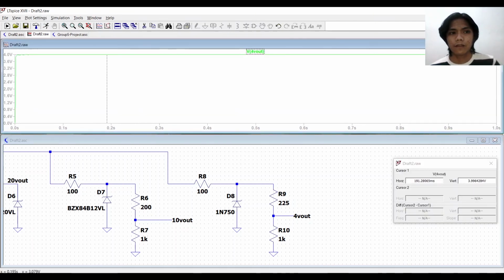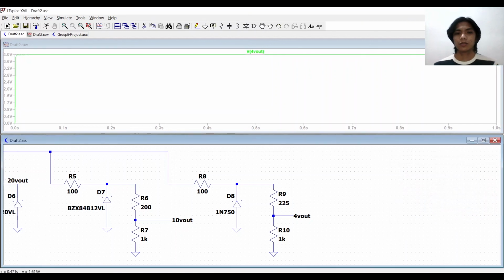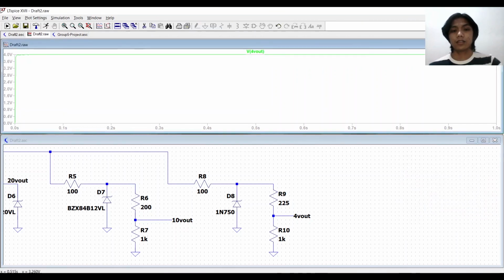So again, by dragging the crosshair, it is really close. We can approximate it as 4 volts at this point already. Again, the voltage varies by only about a microvolt. So it is already stable.